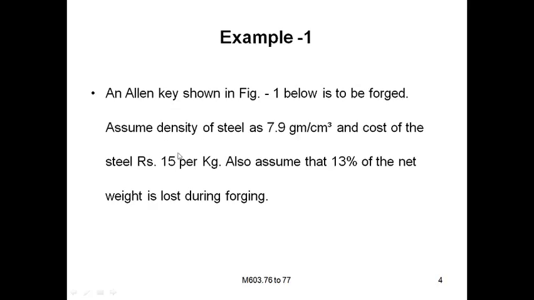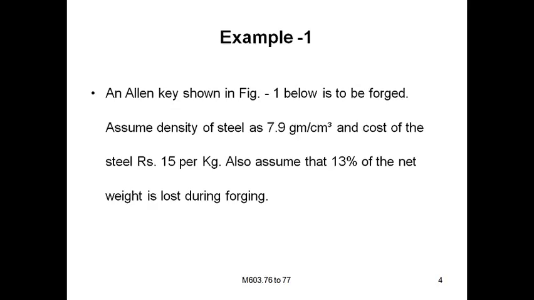In the previous examples we calculated the losses and gross weight by considering all the losses. We also calculated the weight, and the length of the bar stock required if the object count is more than 1.